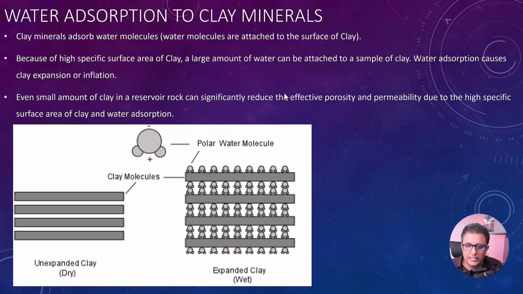As a result, if we have some clay in the formation, due to its high specific surface area, the clay is not permeable, and it can absorb a huge volume of water, thus clogging some pores and reducing the entire permeability of the reservoir. In particular, if the clay minerals are dispersed within the pores, that clay can significantly reduce the permeability, and this is something that we should consider.